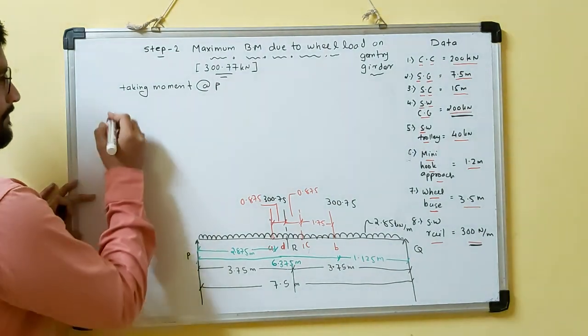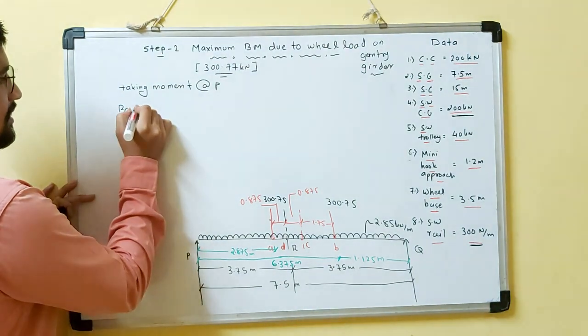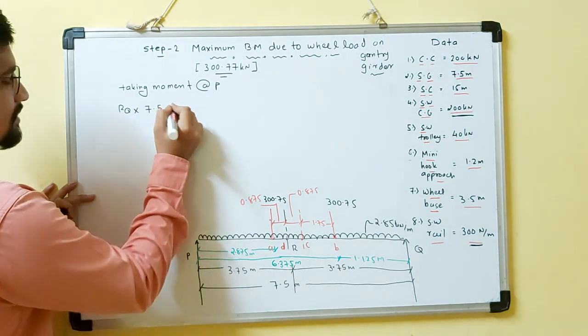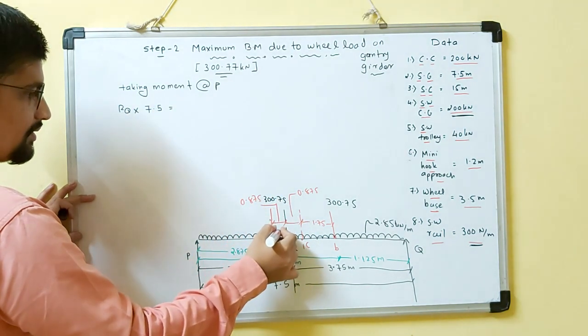At P. So RQ into 7.5 is equal to 300.75 into 2.875, first one, plus 300.75 into 6.375, plus 2.85 into 7.5 into 7.5 by 2.